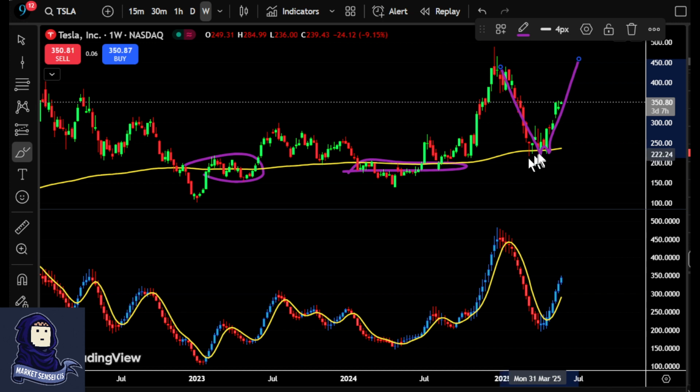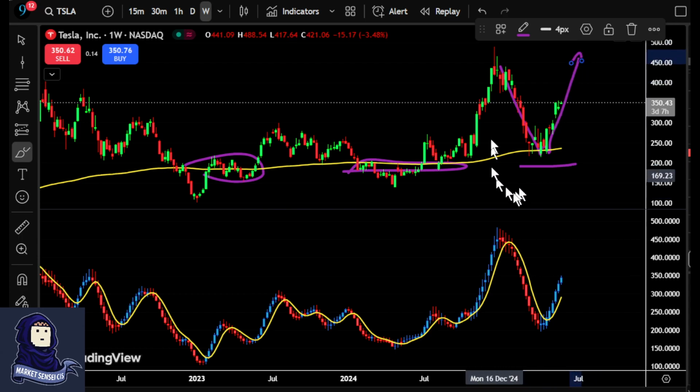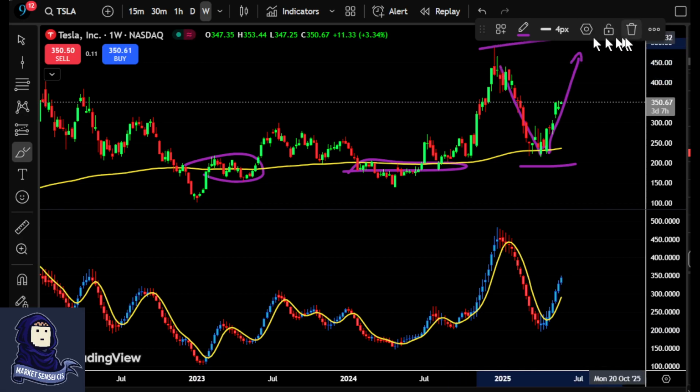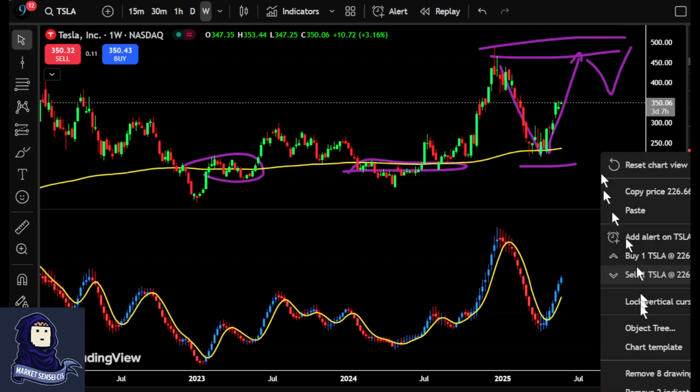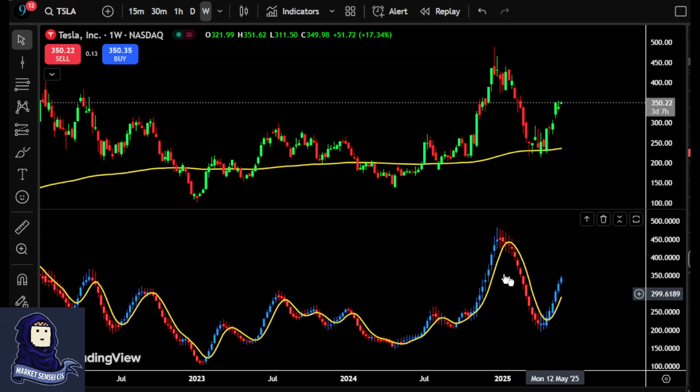Or if you're trying to catch a long entry, just put a stop loss here and wait for it to move upwards. Oops, there's some kind of horn. So when it goes all the way up here, you can take profit. I suggest taking profit, because it's most likely to have some kind of pullback and then go back up again. So you can just take profit.